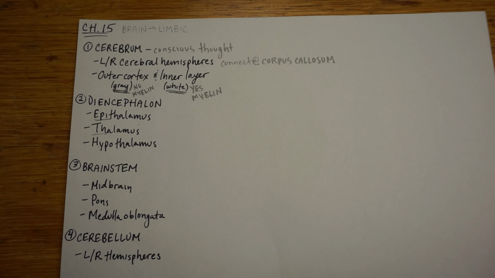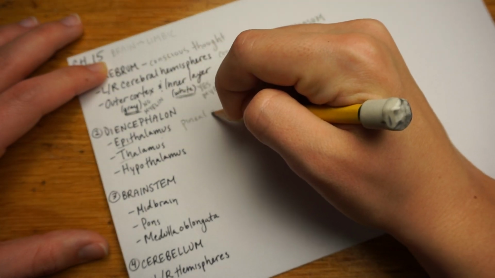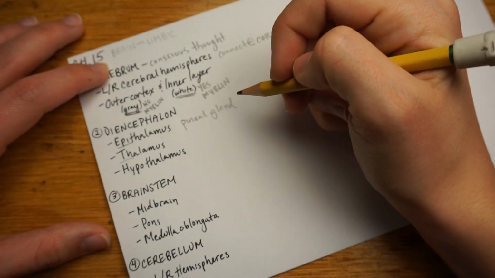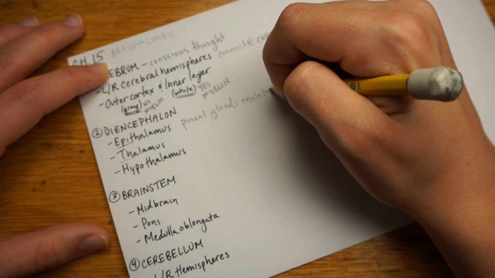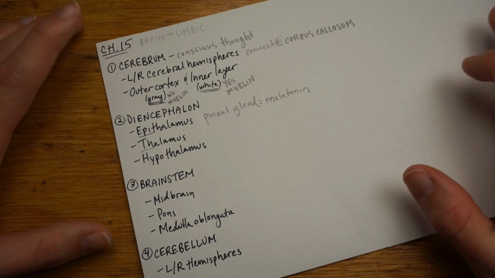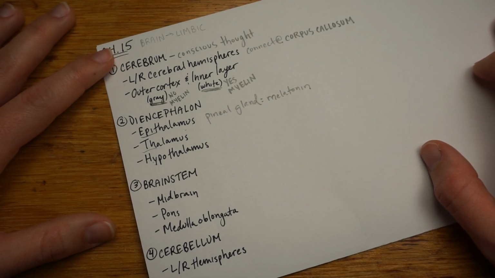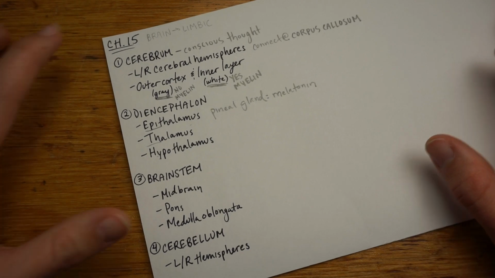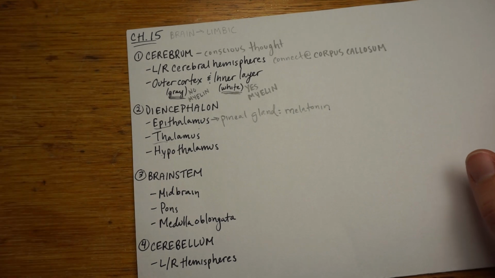The epithalamus has the pineal gland. And what does the pineal gland do? It secretes melatonin, which we know is a hormone that regulates the circadian rhythm, so for sleep. It also has the habenular nuclei, but that is not as important. I would just know that the epithalamus contains the pineal gland, which is important for melatonin, for sleeping, and for regulating that circadian rhythm.